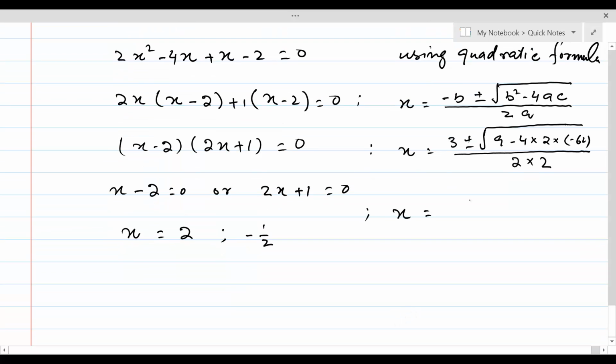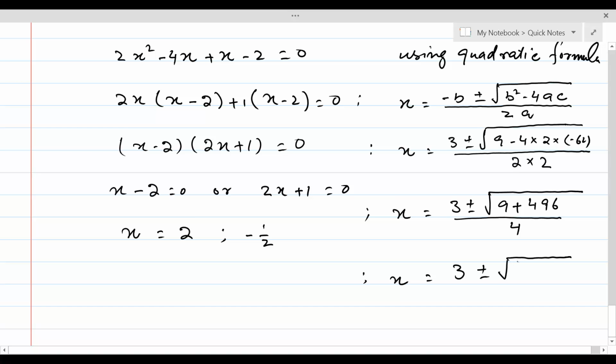So this gives us x equal to 3 plus minus square root of 9 plus 496, divided by 4, and the values of x would be equal to 3 plus minus square root of 505, divided by 4.